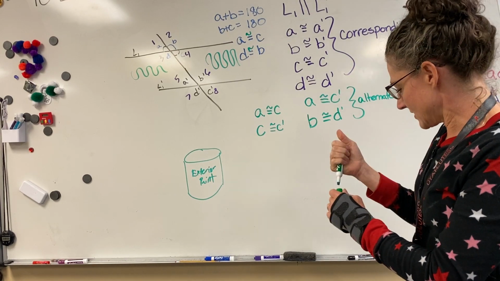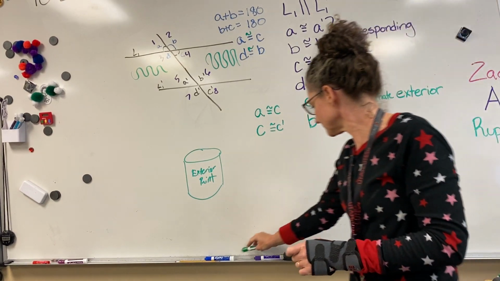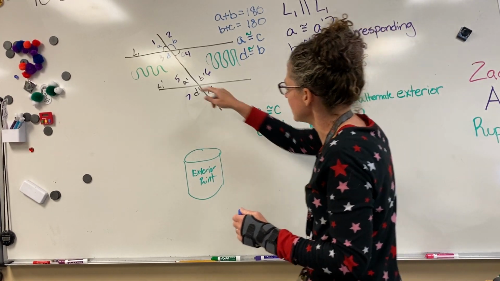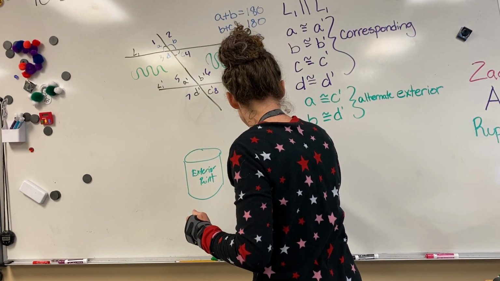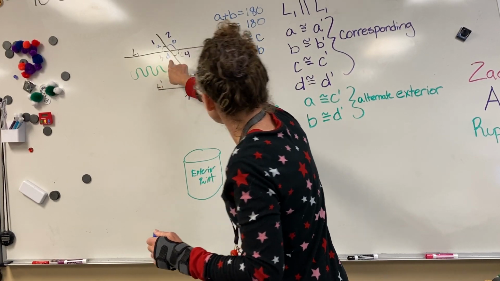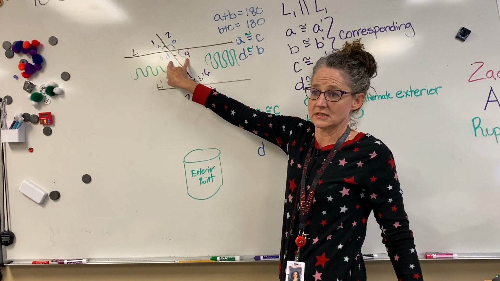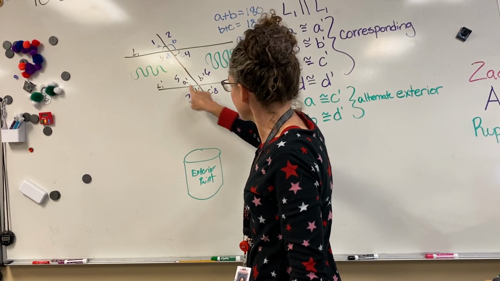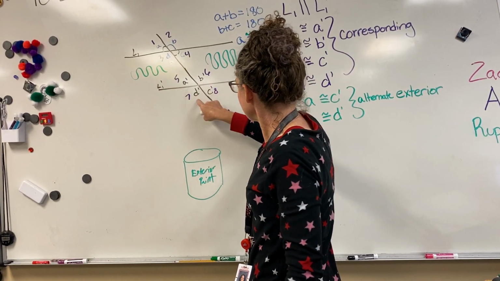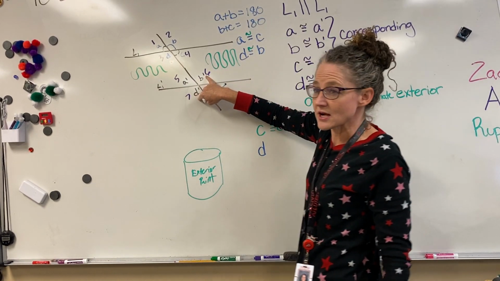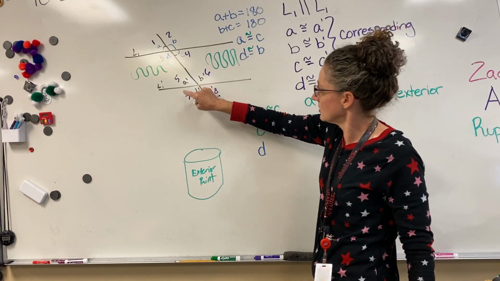What about the angles on the inside? Okay, I've got angle D here. And angle, okay, so are D and C congruent? No. D and D prime are congruent. And I know that B prime is congruent to D prime because they're vertical angles, right?